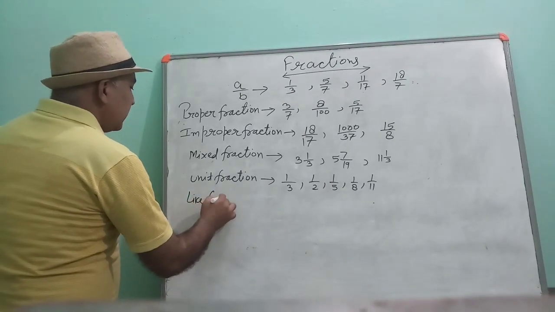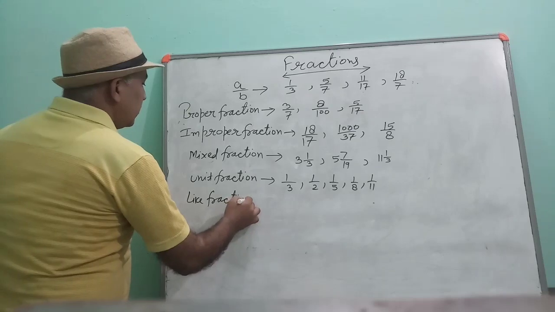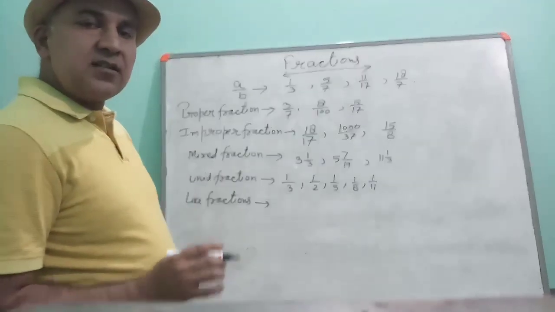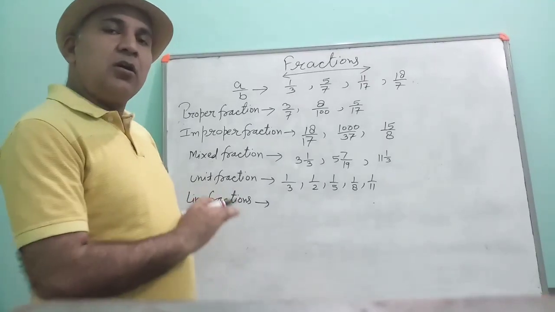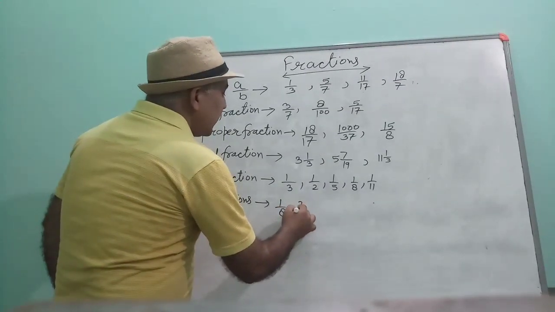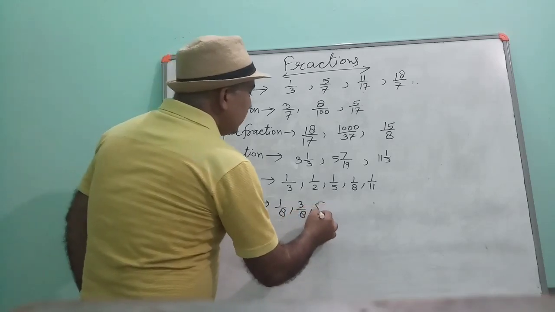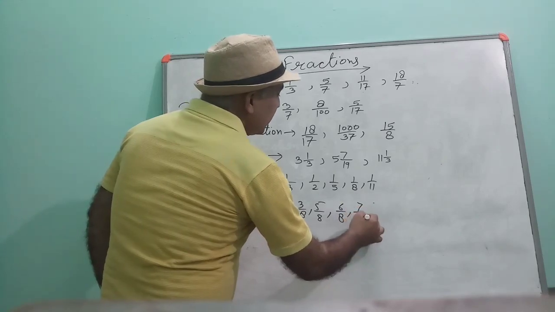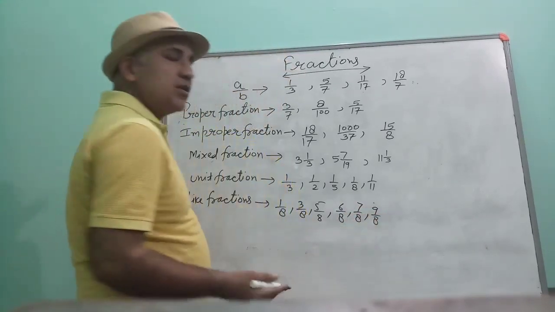Now we will see like fractions. Children, like fractions are those fractions in which all the denominators are equal. See here, 1 by 8, 3 by 8, 5 by 8, 6 by 8, 7 by 8, 9 by 8 and so on.